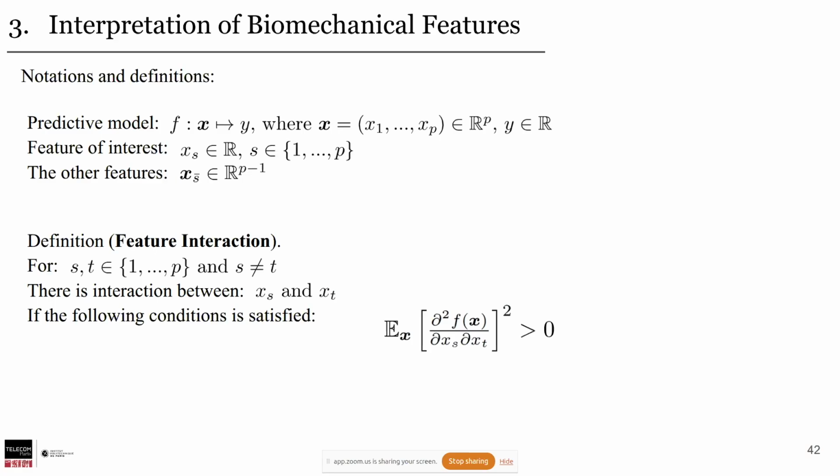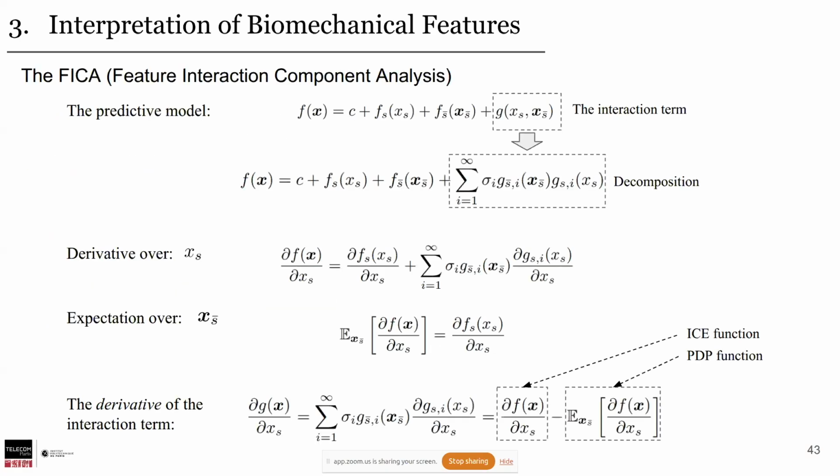And the interaction here is also different from the common understanding of relationship between features. It is tied to a performance or a predictor. So it means that if two features collaboratively influence a predictor, the prediction of the model, then they are considered to interact with each other.